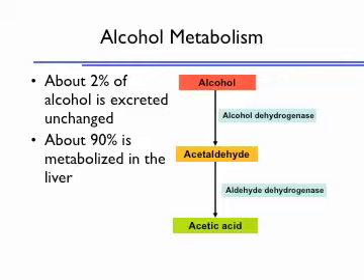Now, if you don't have enough of the second enzyme, then it's not metabolizing the acetaldehyde, and it can build up to toxic amounts and make you feel pretty sick. In fact, it's Antabuse that interferes with this enzyme, so that you get a buildup of this first metabolite of alcohol, acetaldehyde, and it can bring on some pretty nasty symptoms.